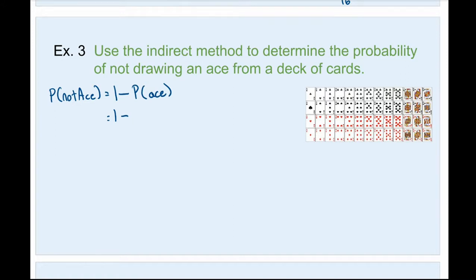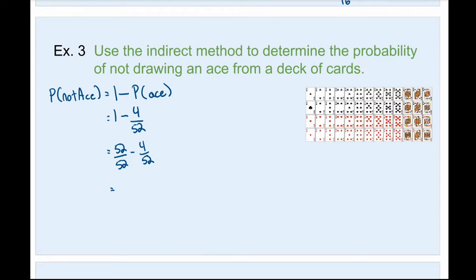If we look at our deck of cards here, we can see that there are 4 aces in a deck of 52 cards. So 1 minus 4 over 52. If we are subtracting fractions, we want to get the same denominator: 52 over 52 minus 4 over 52.